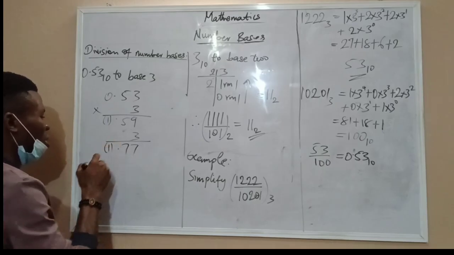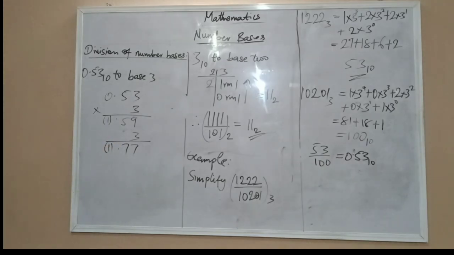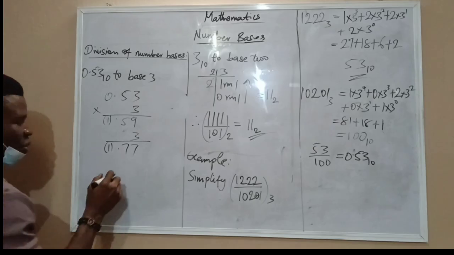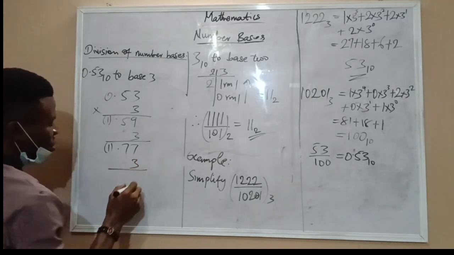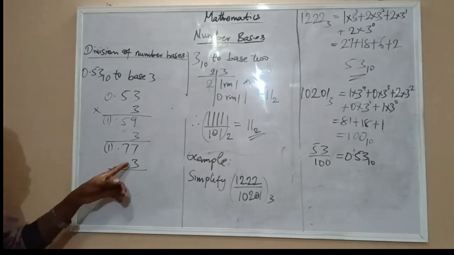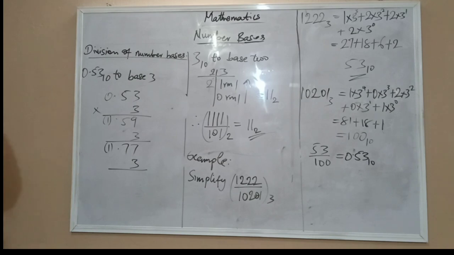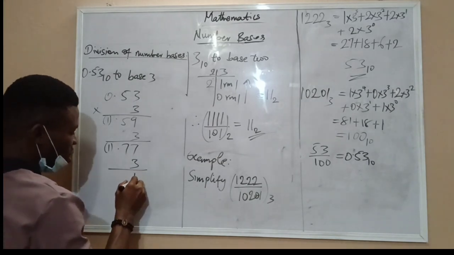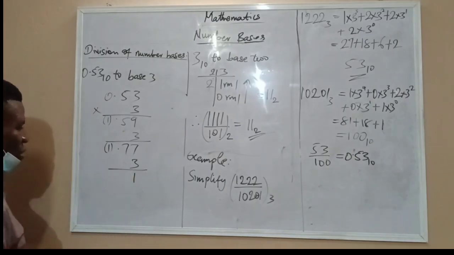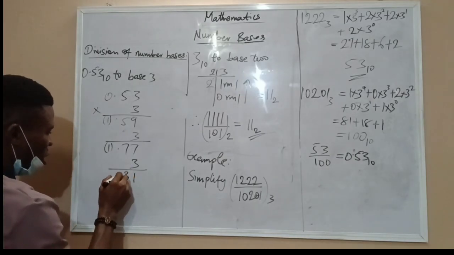Put it as a remainder. Mark it. Now we still multiply with 3 again. Now 3 times 7 is 21. Right, 21. We write 1, hold 2. 3 times 7 again is 21. 21 plus 2, 23. We write 3.